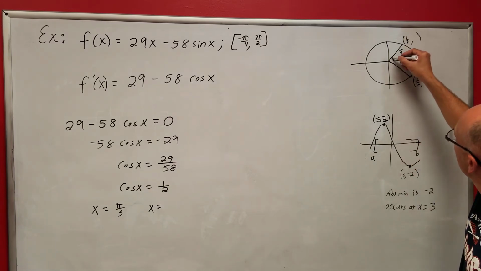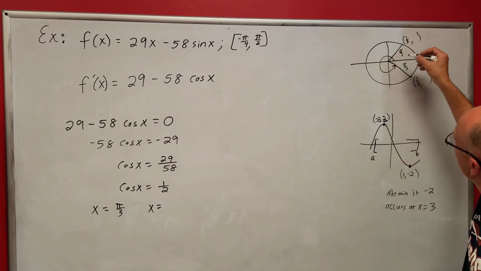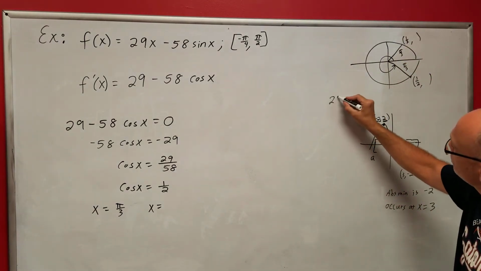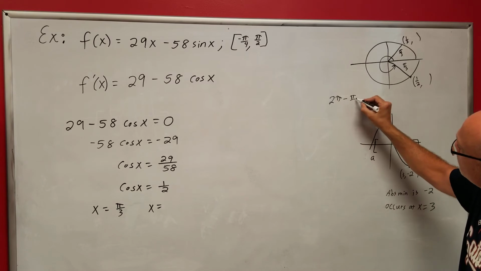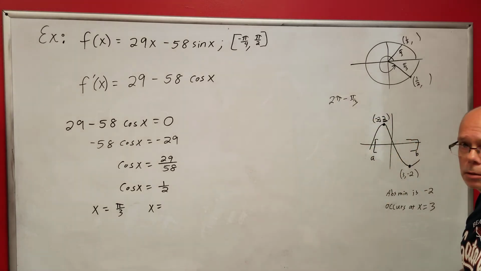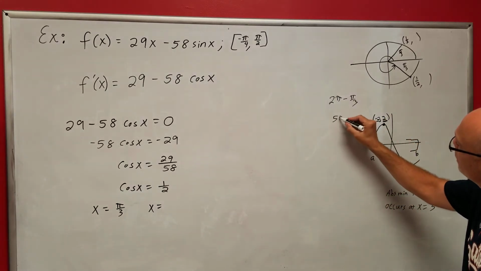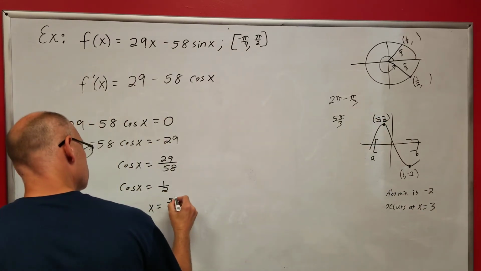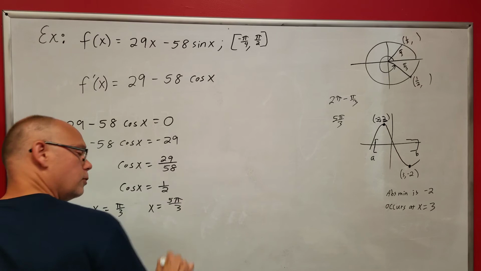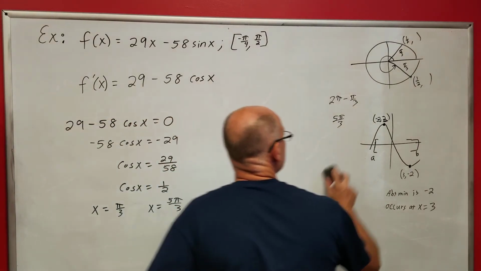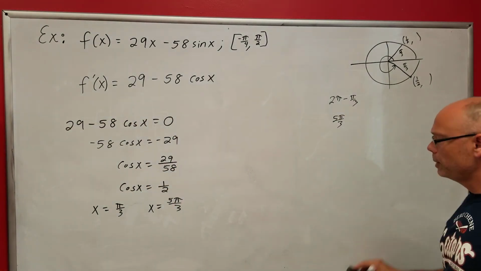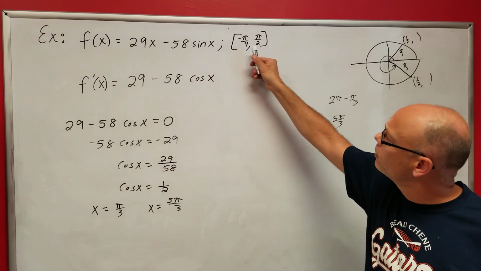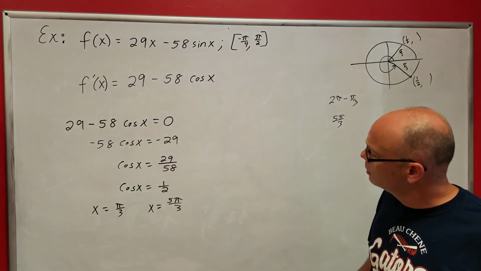Now, which angle is this? It is 2 pi back off pi over 3, right? 2 pi minus pi over 3. Well, what does that give you? 5 pi over 3. Now I have to be careful here, okay? I'm only looking in the interval from negative pi over 4 to pi over 2.